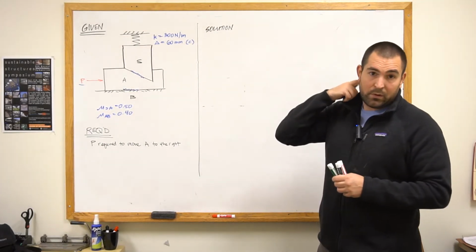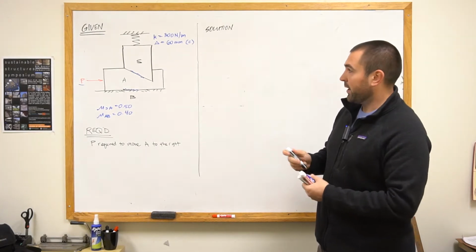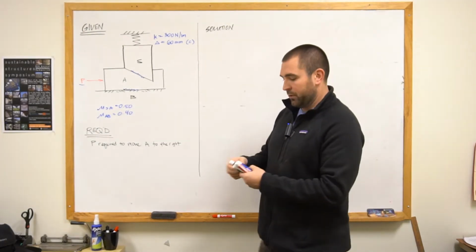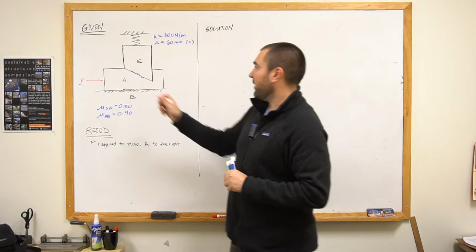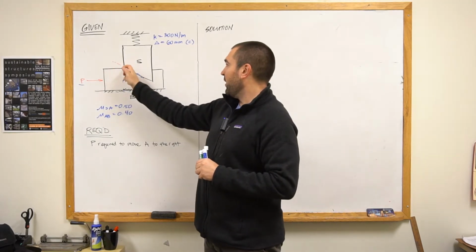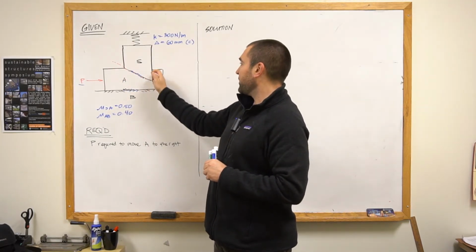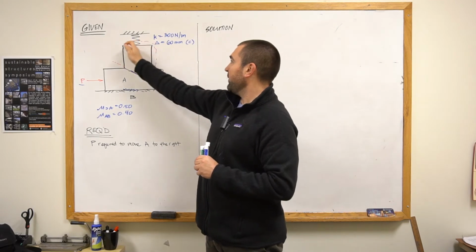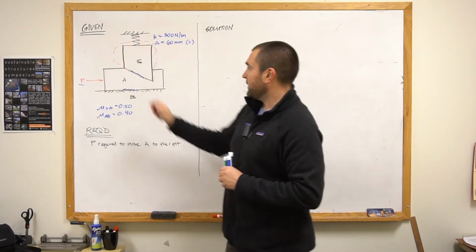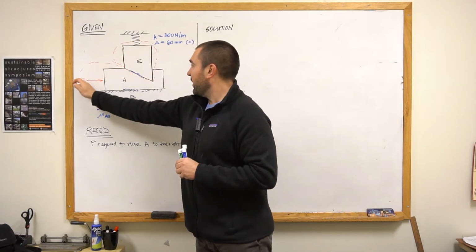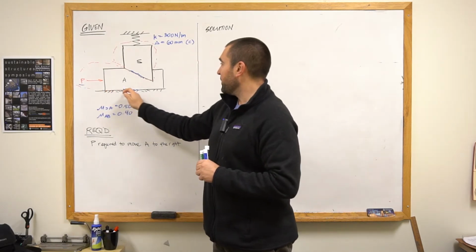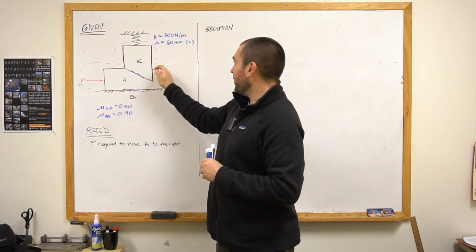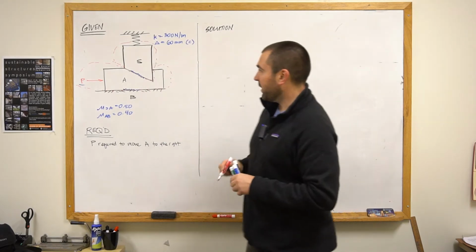So to do that, we need to start looking at free body diagrams, and as with most of the other problems, we just need to start making section cuts to define our free body diagram. For my first section cut, I'm going to isolate that stub S. For the second section cut, I will cut right through the interface between A and B, and right through the interface between S and A as well.